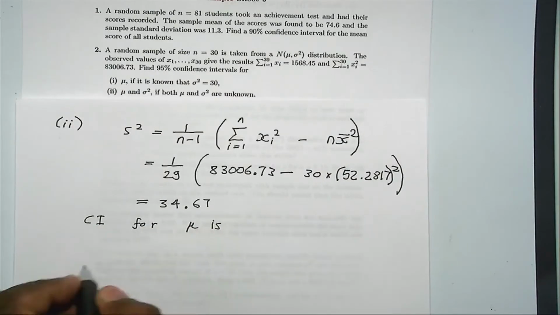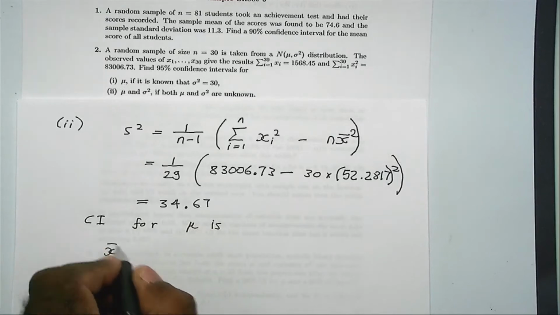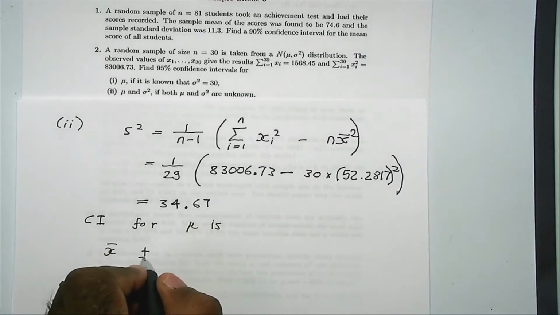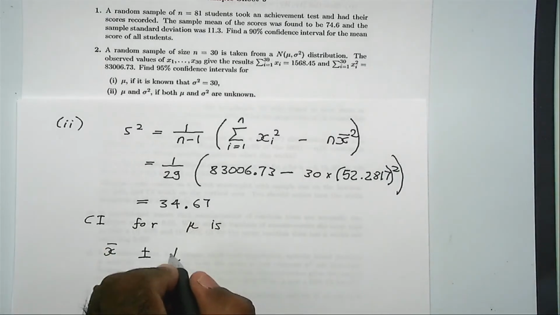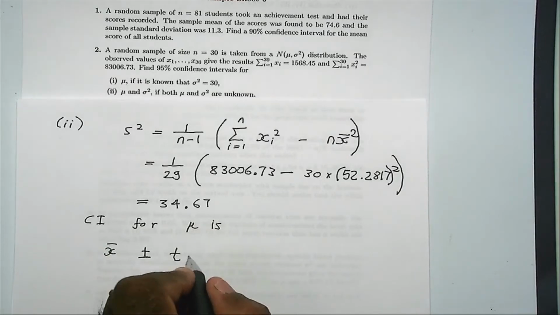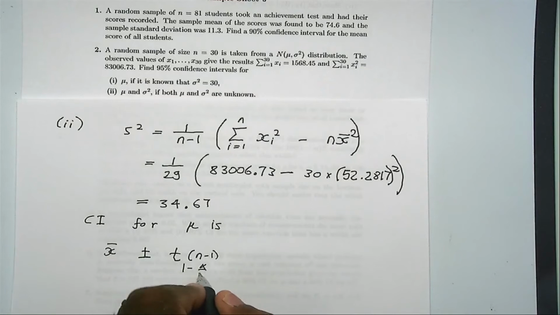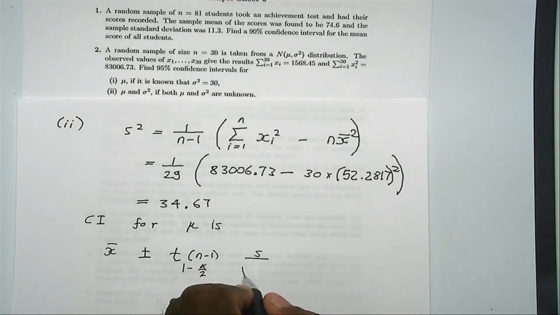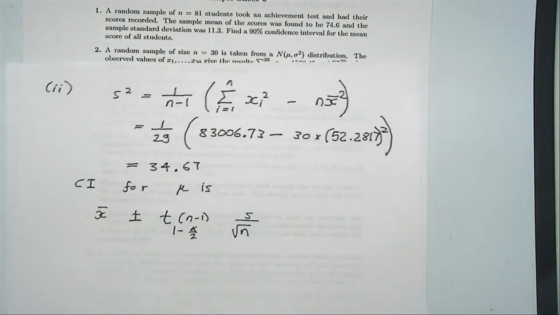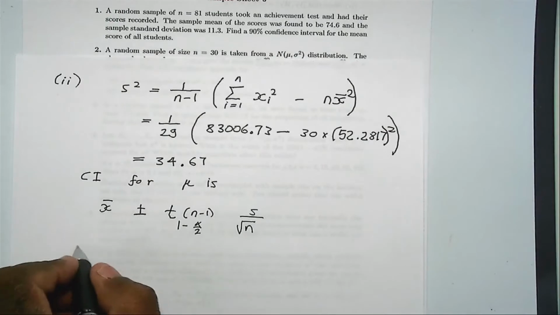is x bar, right, plus or minus t, the percentile of t, at 1 minus alpha by 2, right, times s divided by root of n. If you look back in the notes, you will see this is the formula I gave you.